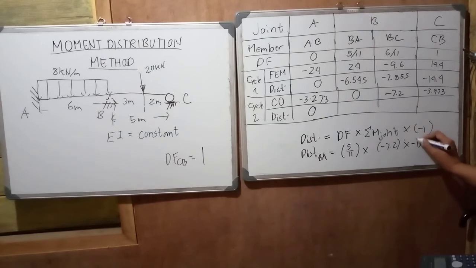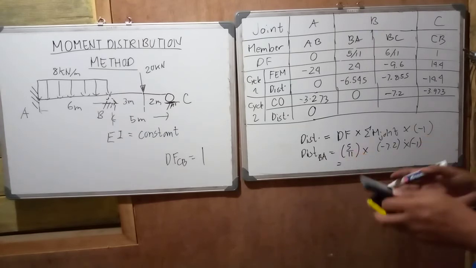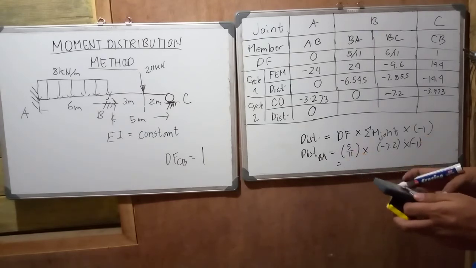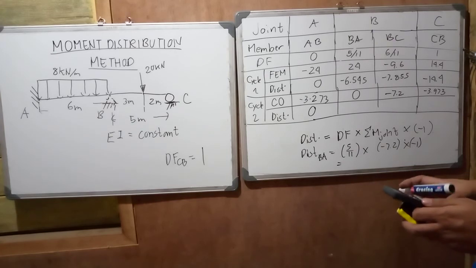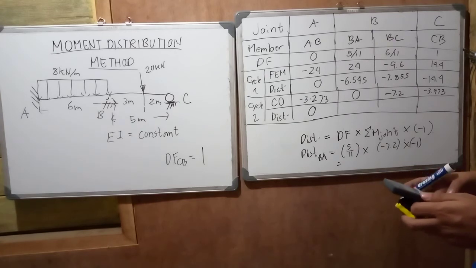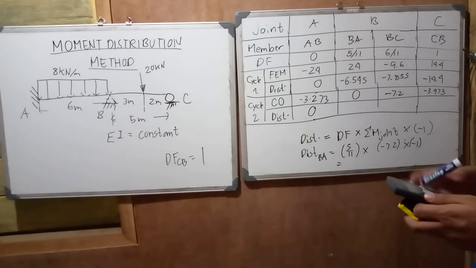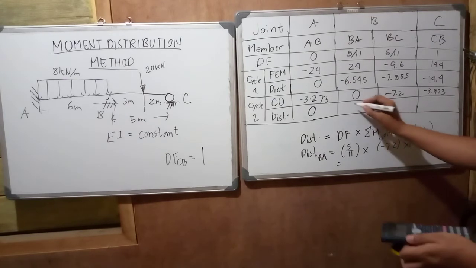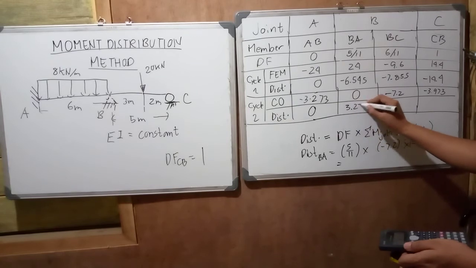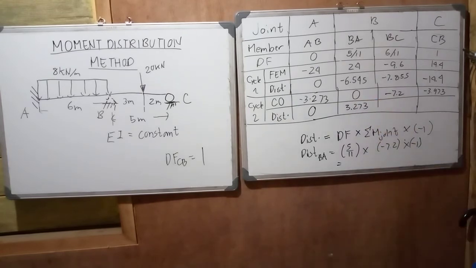Okay? So, ibig sabihin, yung sagot natin is 5 divided 11 times negative 7.2, okay, times negative 1. So, we have 3.273 dito na side. Okay?